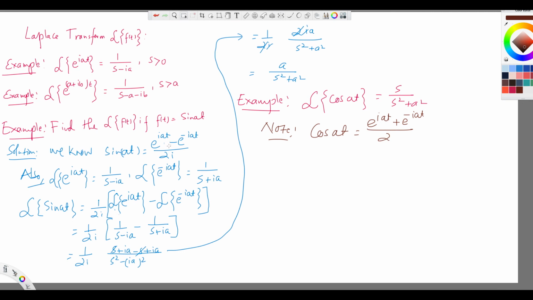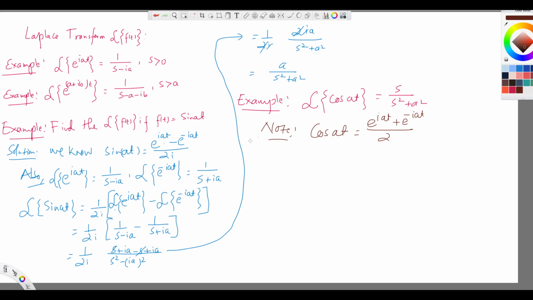In the sine there is minus in the middle, and there was 2i in the denominator, right? And for the cosine, the formula in terms of the exponential function is e to the iat plus e to the negative iat divided by 2. And if you find out the Laplace transform of them separately and then do the exact same technique, this is what you will get. So this is also the formula, okay?